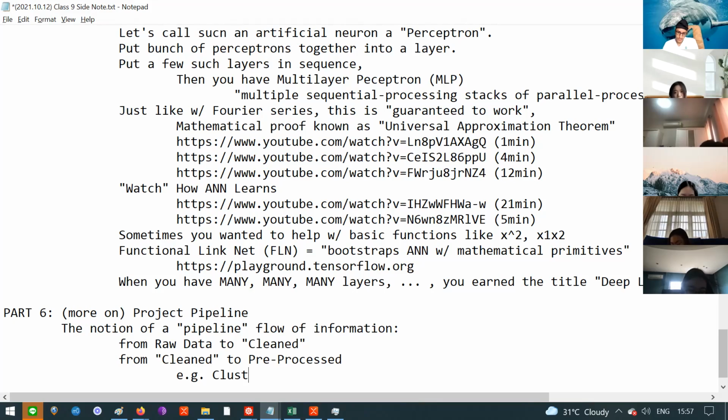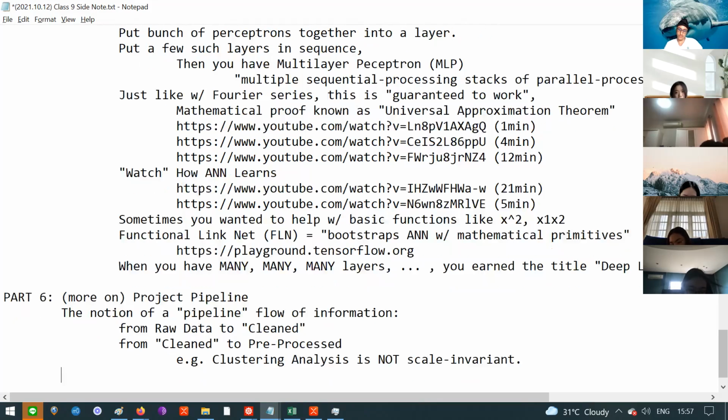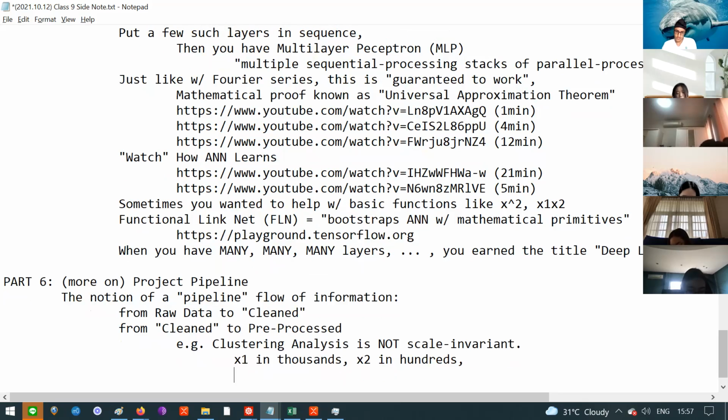Okay. Now example. If your clustering analysis is not scale invariant, right? In other words, if x1 is in 1,000, x2 is in 100, okay?